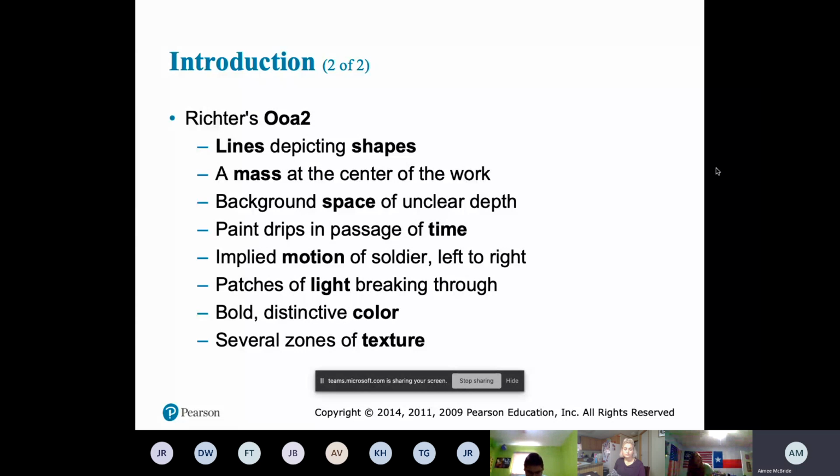A lot of times for sculptures and images, it's going to be implied motion, so things will look like they're running, but they aren't actually running. We're also going to be looking at the use of lights and darks, the use of color, and the use of texture in artworks. Those are the different tools that we're going to be looking at.